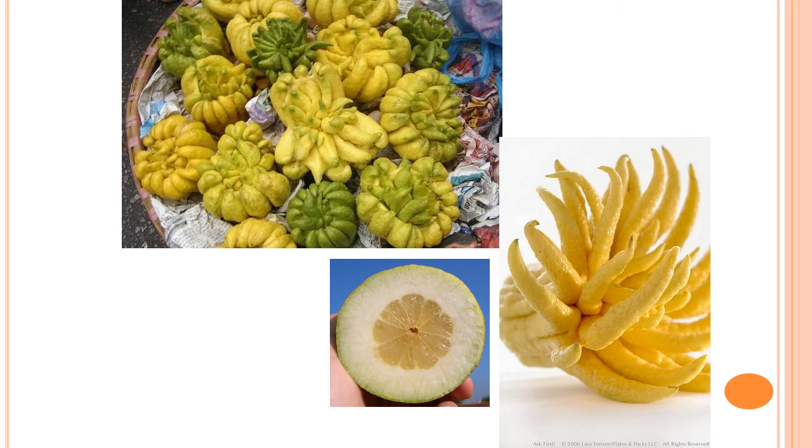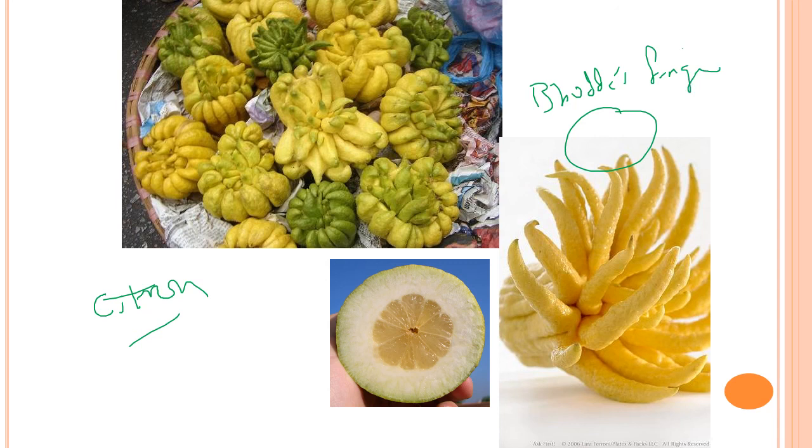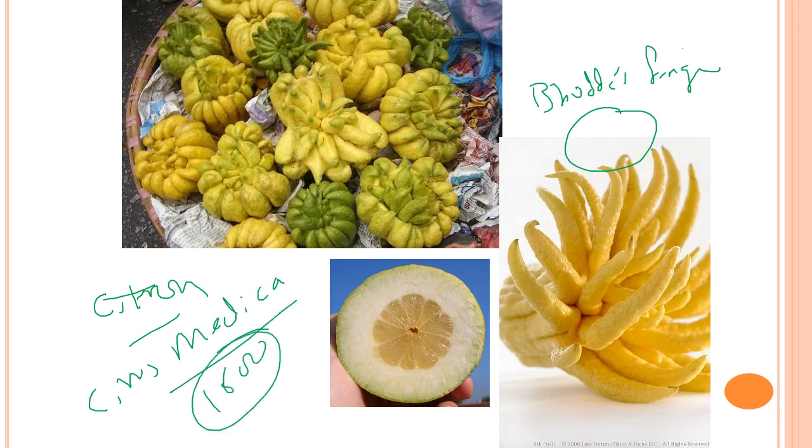So this is actually a kind of citrus called citron. You can see, this is called Buddha's finger, but it is actually a citron. It belongs to Citrus medica. There are so many, like 1,600 species of citrus. So there are all kinds of shapes and colors of citrus.